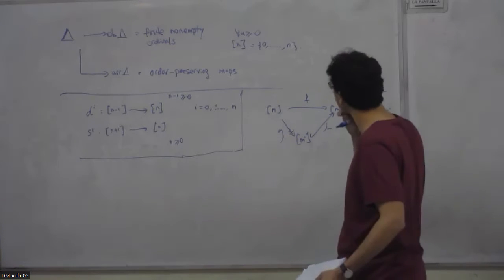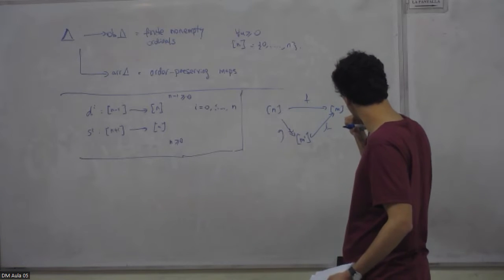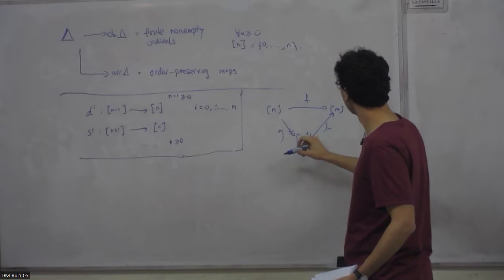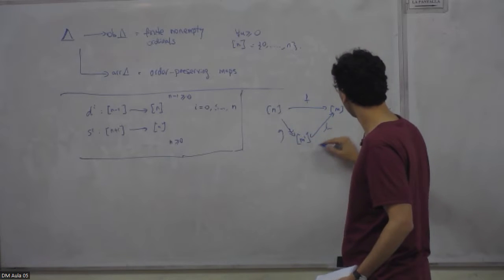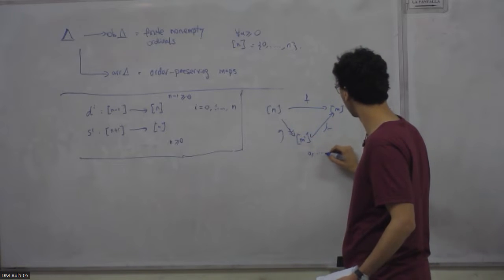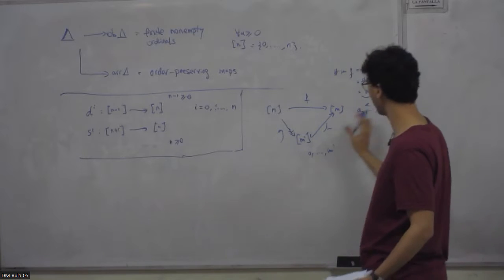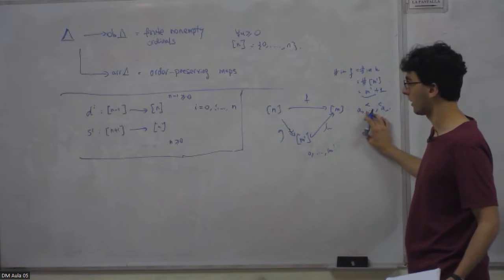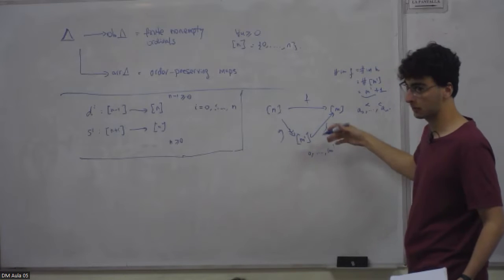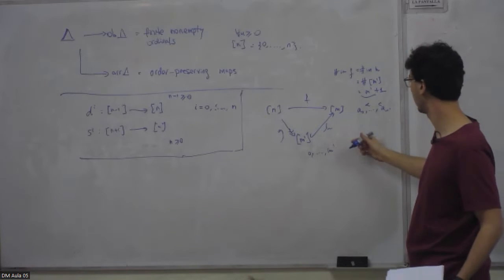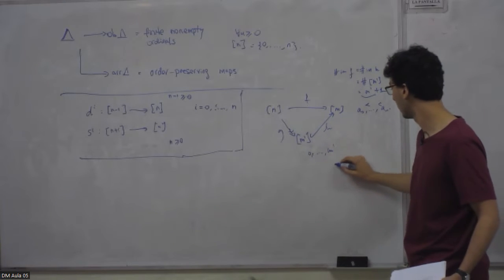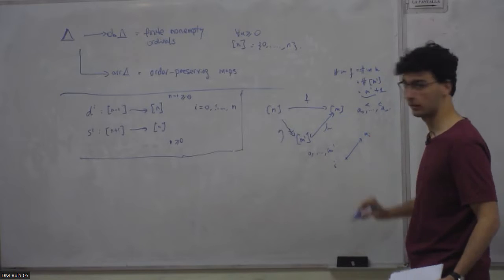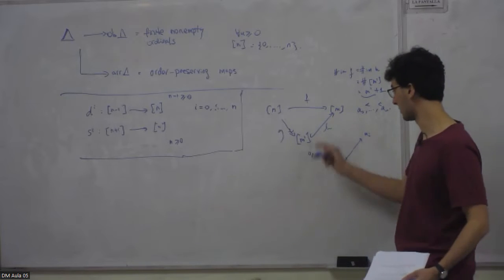Okay, then here I have 0 to n prime, and I want to produce these. And the only option I have, if this h is to be order preserving, is to map each i into a sub i. So the image is the same.